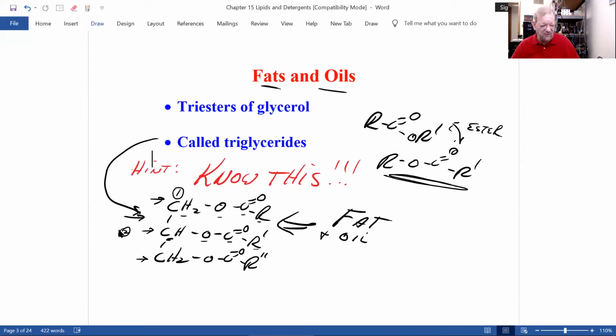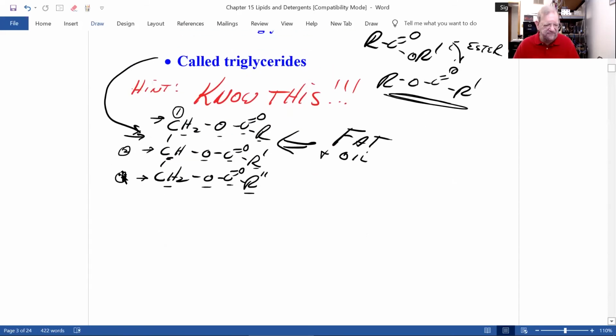And here we have ester number 3: carbon, oxygen, carbonyl, R group, in this case R double prime. Every fat and oil has this structure. The only difference is what's R prime and R double prime, and I'll be teaching that not today probably, but later on.